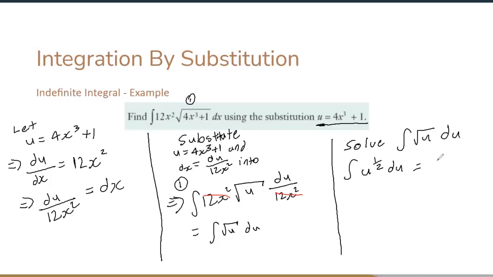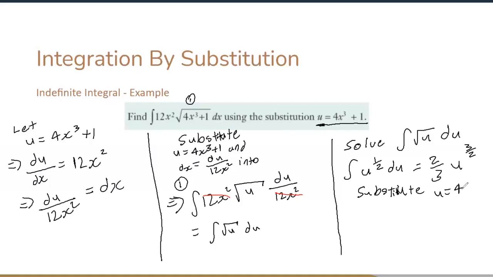So this just becomes 2 over 3 u to the power of 3 over 2. When I add 1 to a half, I get 3 over 2, and when I divide by 3 over 2, I get times by 2/3. But we're not quite done yet, because what we're going to do now is substitute back in for our u.